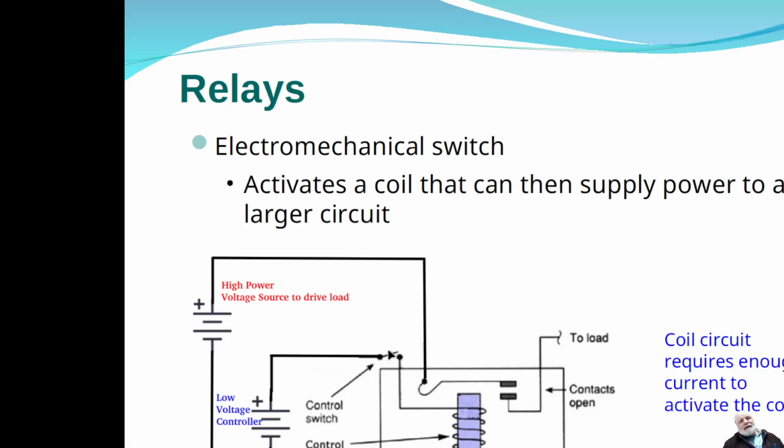But we're going to close this switch, which energizes a relay, which pulls these contacts closed, which applies the voltage and therefore the current to your load. So electromechanical switches or relays are used for very, very high currents.